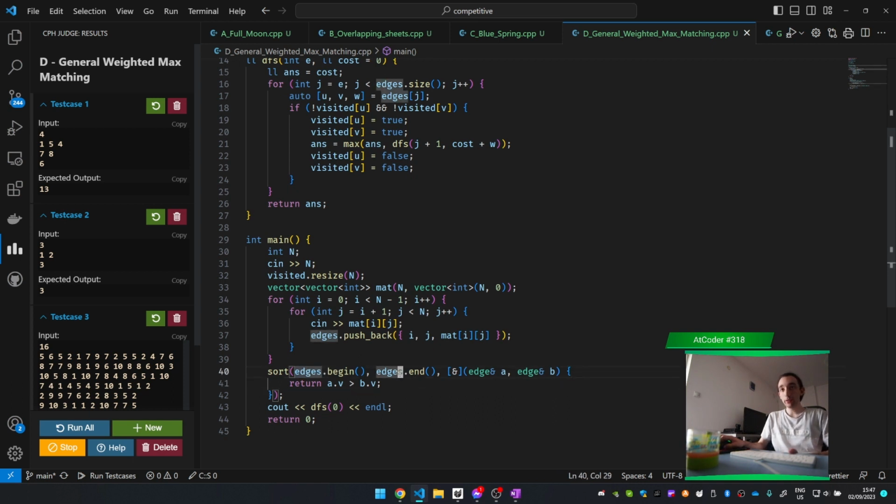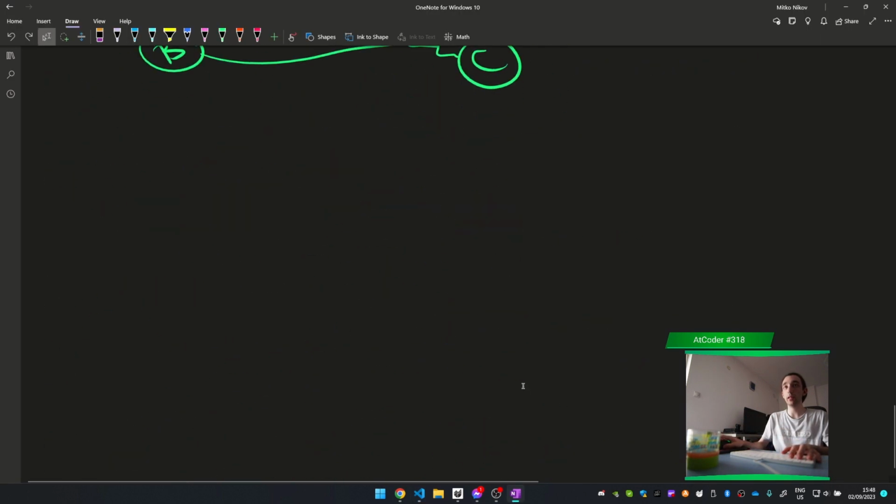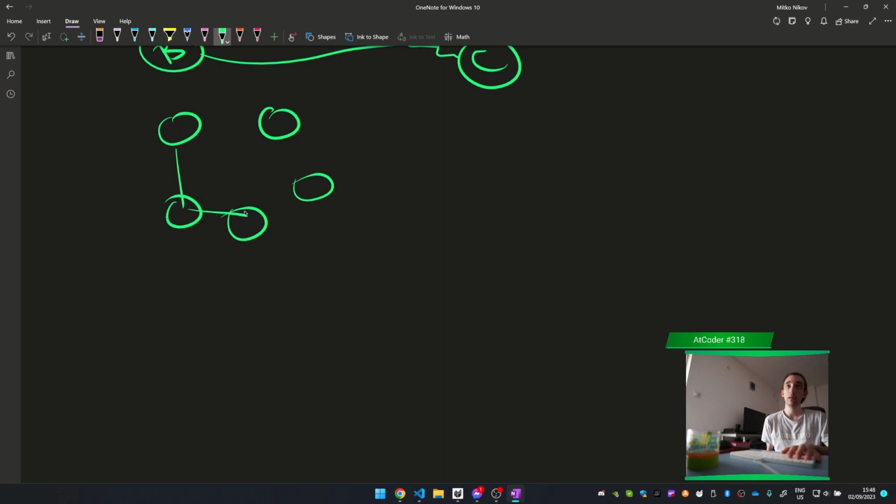The order is very important because after that I initialize DFS and I just brute force. What I do is go from whatever edge I have. There are a lot of edges actually. This is a full graph here, and there are a lot of these edges.